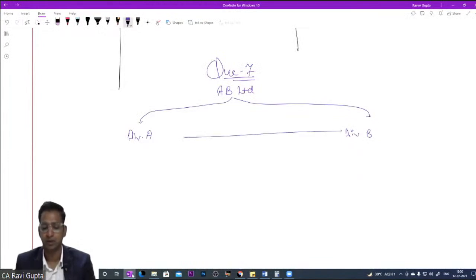That means 1 unit of input or component of division A, that is product A, will be required to produce 1 unit of product B.